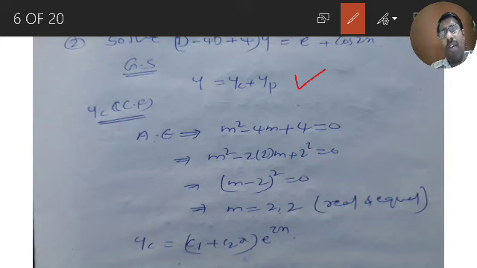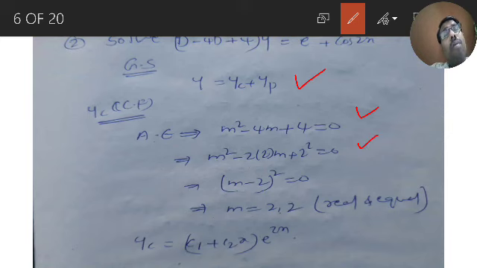So what is a complementary function? It is the general solution of the corresponding homogeneous differential equation. So how to solve the homogeneous? Take the auxiliary equation. M square minus 4m plus 4 is equal to 0. That can be written as m square minus 2 into m plus 2 square.